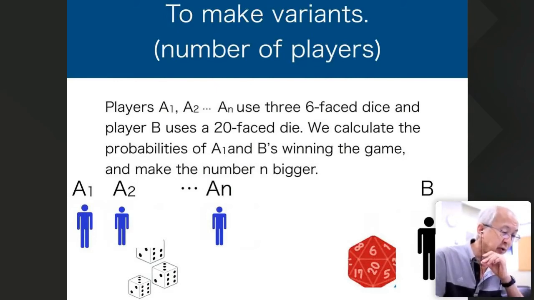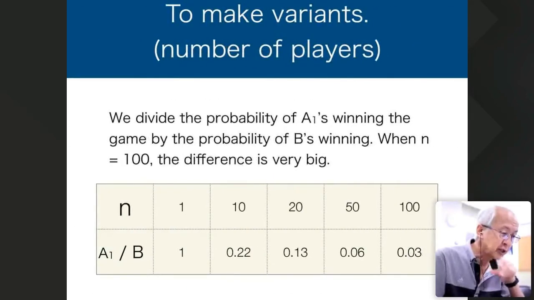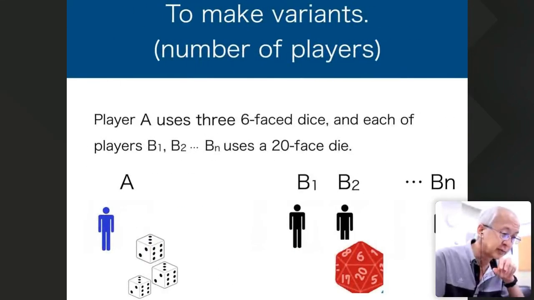If you calculate the probability, player B with the 20-face die has quite a big advantage. These are calculations. I skip the data.